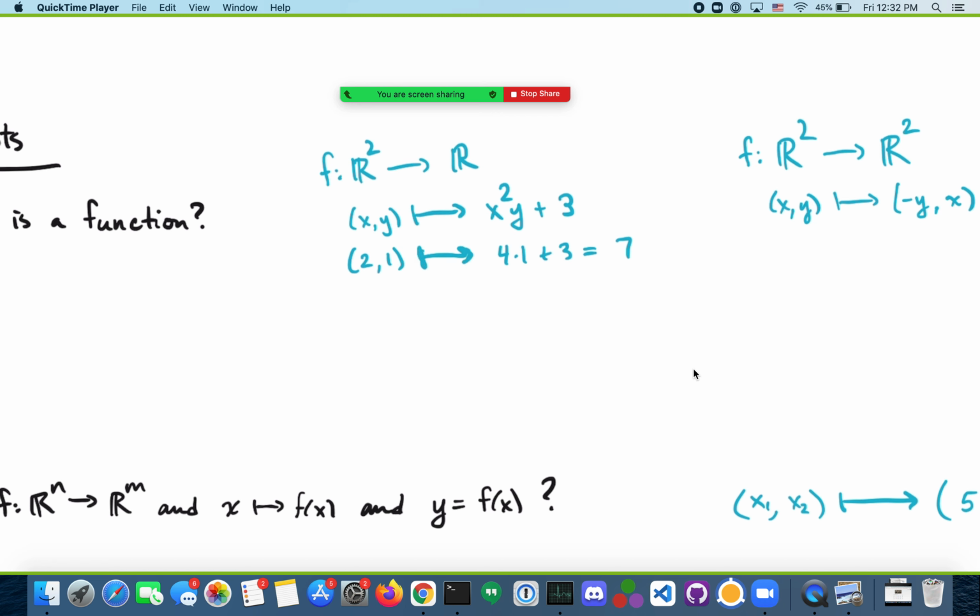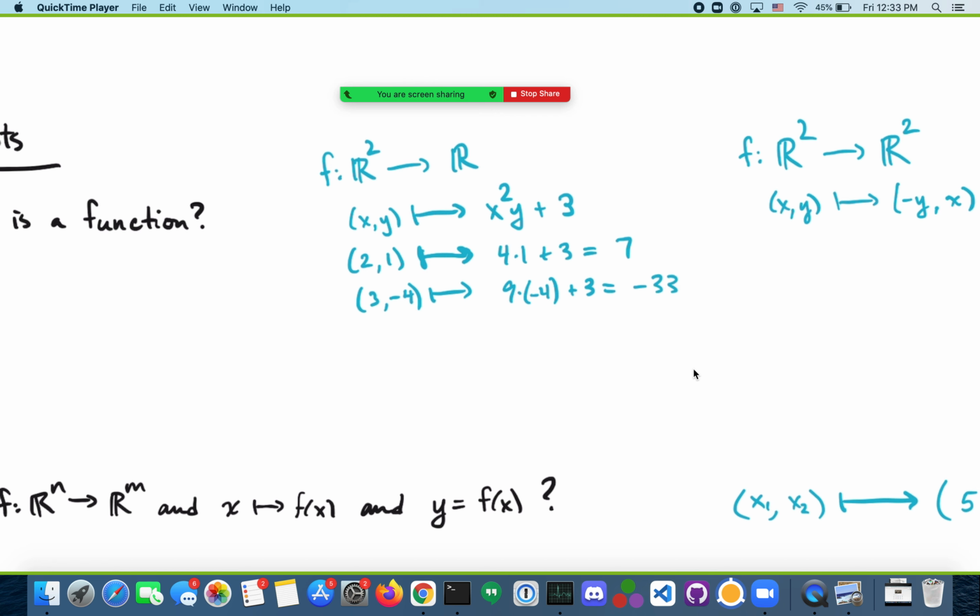Here's the assignment arrow, where (2, 1) maps to the point 7. So a point in the plane goes to a real number. The point (3, -4) would go to 9 times -4 plus 3. What's that? -36 plus 3 is -33.